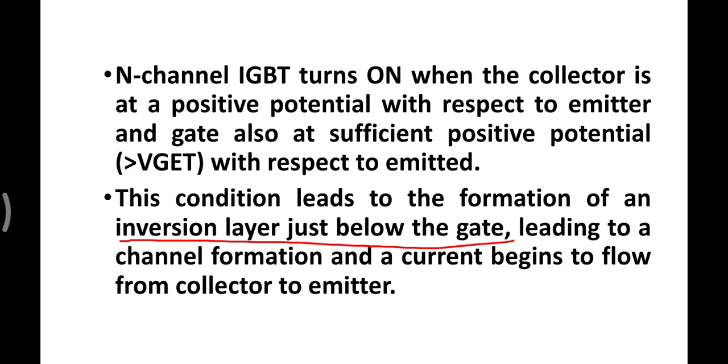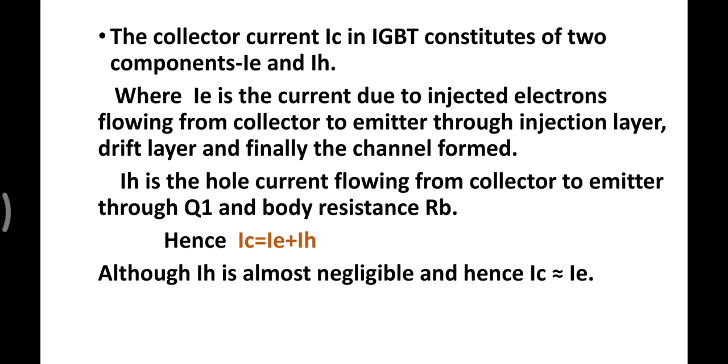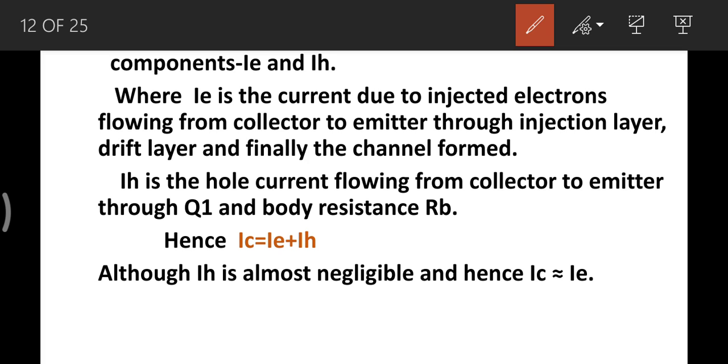So how is this collector current defined? The collector current is a combination of two components, IE and IH, where IE is the current due to the injected electrons flowing from the emitter through the injection layer and drift layer, and finally the channel formed.